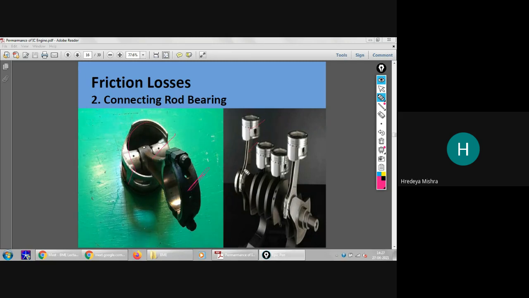So between the crankshaft and the piston there is a joint, and in the joint movement is there, between the connecting rod and crankshaft. So they must take sliding motion, and if sliding motion is there, then there are frictional losses here.